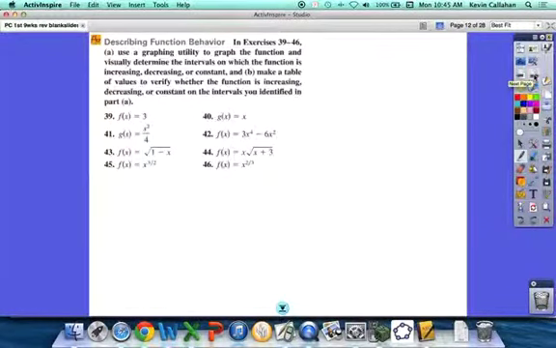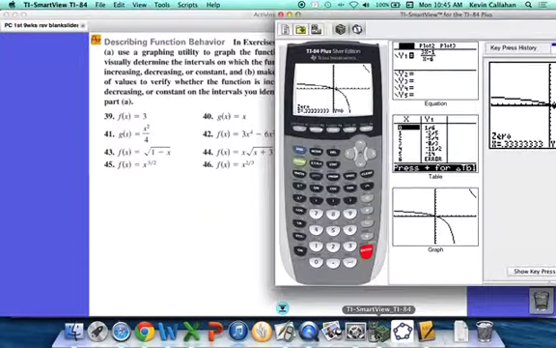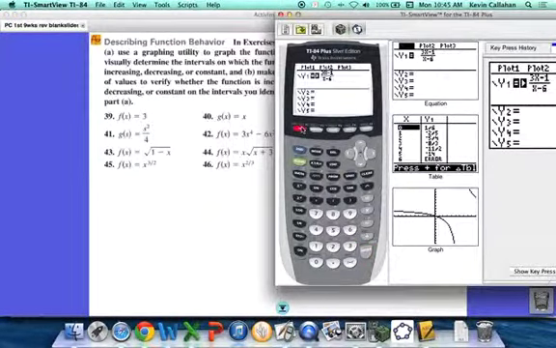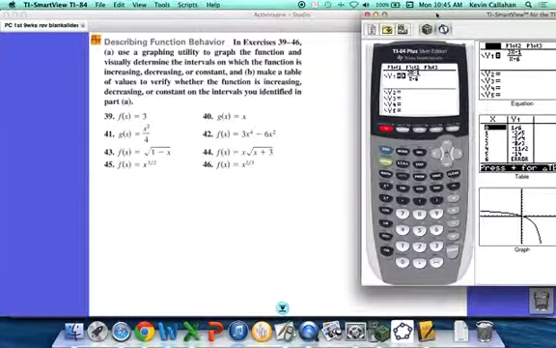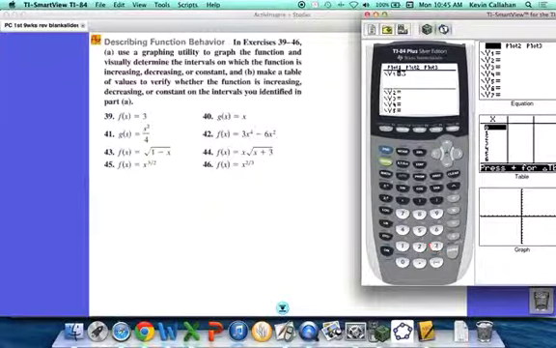Okay. Increasing and decreasing. So let's do one. How about we try number 42? Y equals, clear, 3x to the 4th, 3x hat 4.